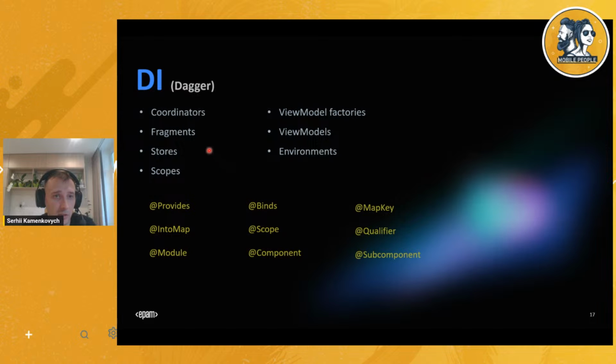So we mentioned coordinators, which should receive the stores. We managed scoping the fragments, stores and scopes. And if we use the view models additionally, we also need to inject our view model factories and view models from there. So it's pretty much extensive here.